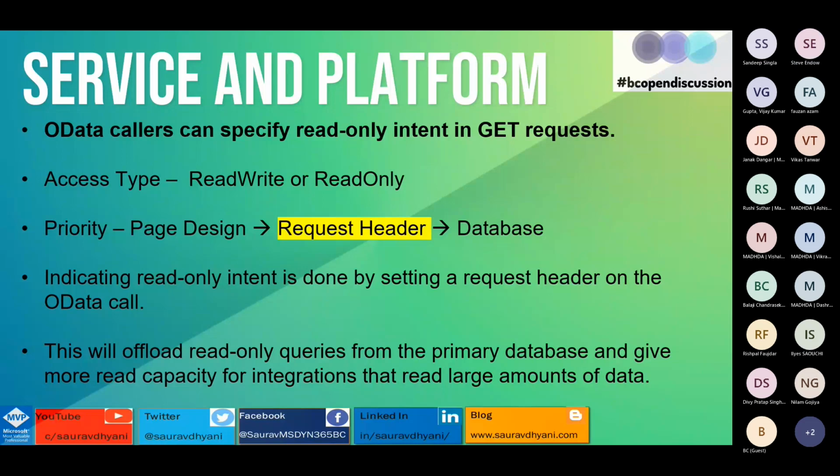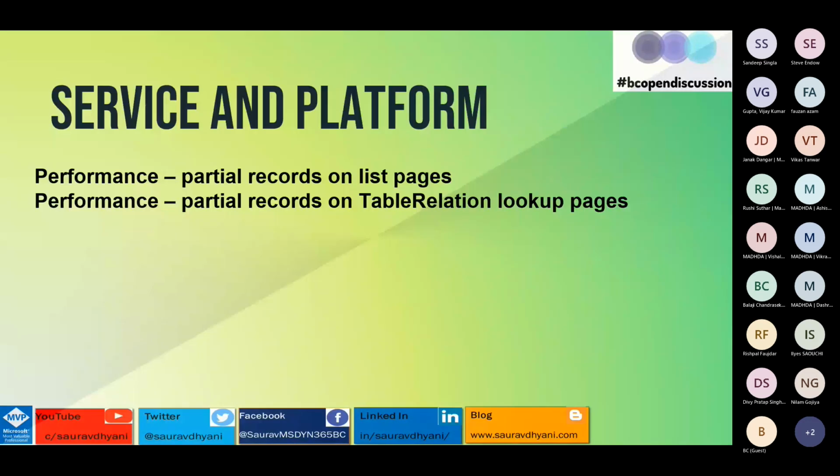Excellent. Okay, sounds good. Let's move to the next one, in service and platform. And this is my favorite one, which is performance based on the partial record. I'm pretty sure most of you were here when we discussed partial record. If not, it'll be available on the YouTube channel, and it has also been discussed widely in Dynamics Con.